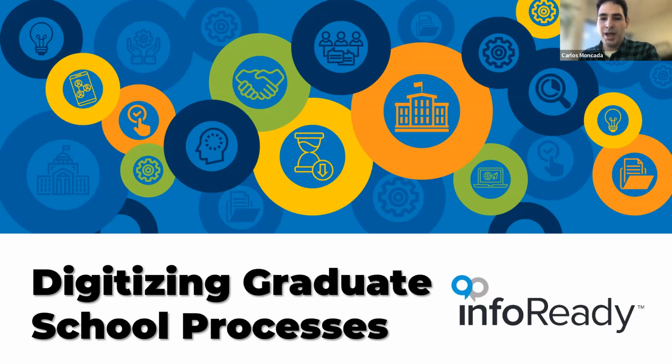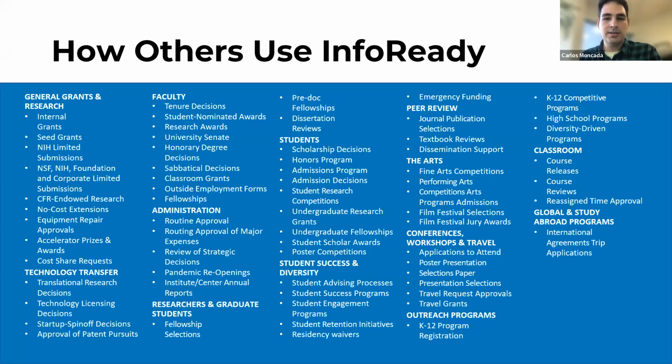So on the next slide, we have a list of use cases that InfoReady can be used for. You can see they range from different parts of the institution, different types of audience. On screen here, there's one for students and grad students.